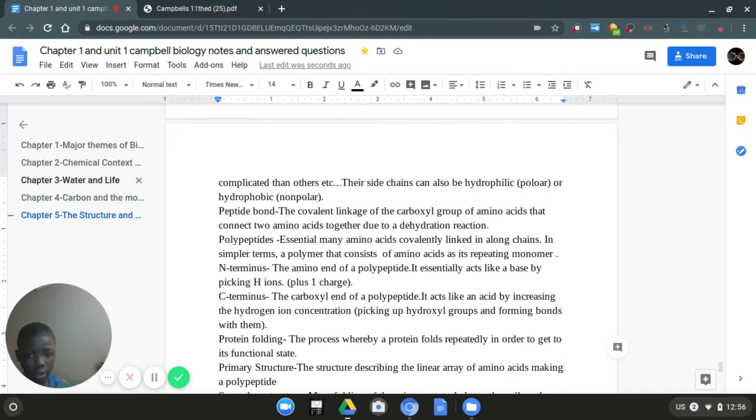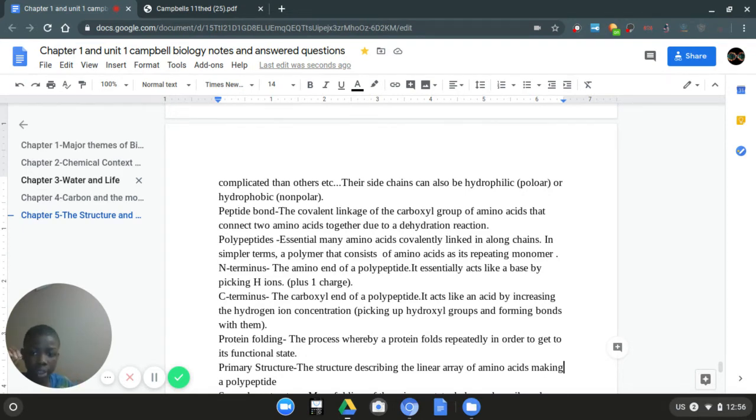Now, the first structure of proteins is the primary structure, and this is just the linear array of amino acids making a polypeptide. A lot of people ask, what's the difference between a protein and a nucleic acid, like DNA and protein? We haven't gone into nucleic acids, but don't worry, we'll explain it. The reason DNA is not a protein is because DNA does not fold on itself to get to its functional state. DNA is hereditary information.